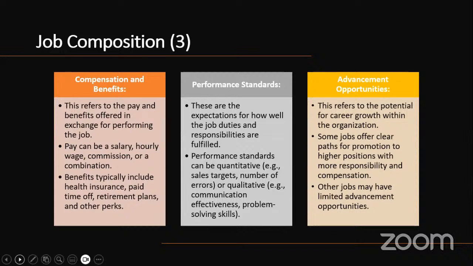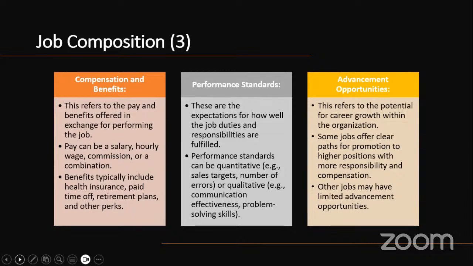So performance standards. These are the expectations for how well the job duties and responsibilities are fulfilled. Performance standards can be quantitative, e.g., sales targets, number of errors, or qualitative, e.g., communication effectiveness, problem-solving skills.